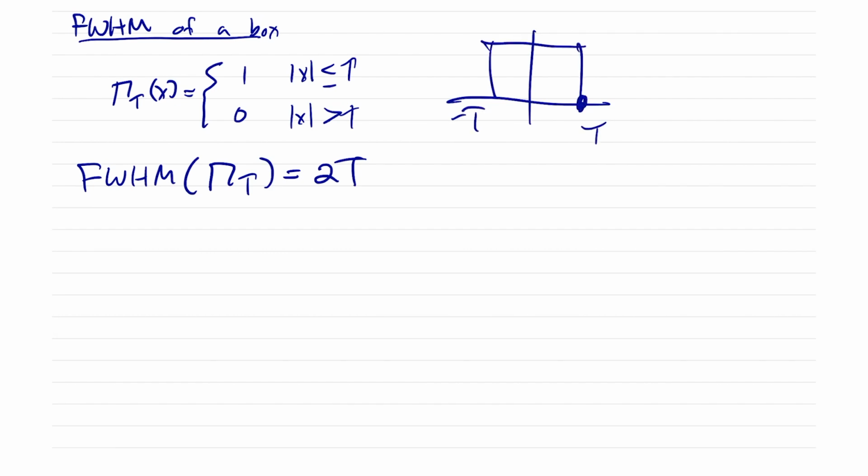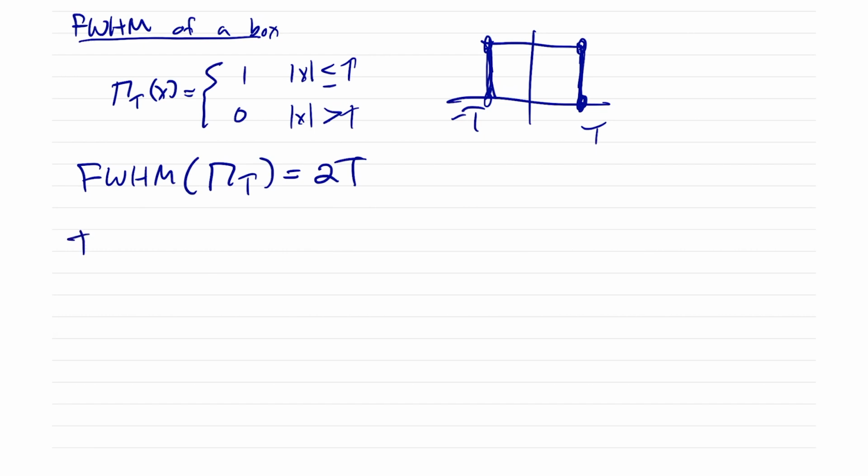It doesn't actually take any values in the interim because it's a discontinuous function, but we think of the half point as being somewhere in here. So it's definitely bigger than 1/2 here and smaller than 1/2 here, and we'll just say the distance between these two is 2t. That's an abuse, just to allow us to talk about this.